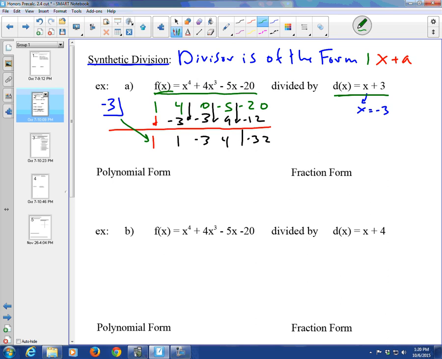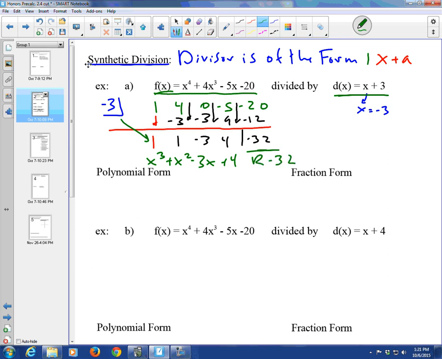If I've got 4 linear factors from my fourth degree polynomial, and I divide 1 of them out, then I'm going to have 3 linear factors left, or a third degree polynomial. The last term right here is the remainder. So right here what we have is x cubed plus x squared minus 3x plus 4. That's the quotient, or the division of f of x by d of x. And then we have the remainder of negative 32.